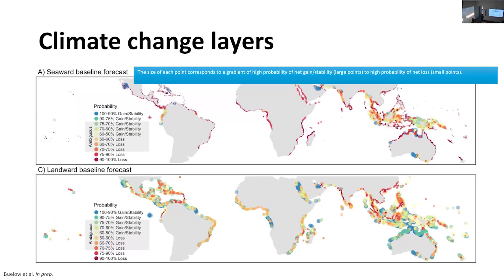I don't think they're correlated. They have different cues that cause the migration landward or seaward. That's also why I think Christina ran the model separately. But I think the main difference is on the seaward side.